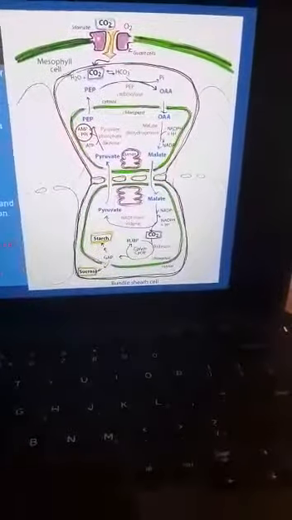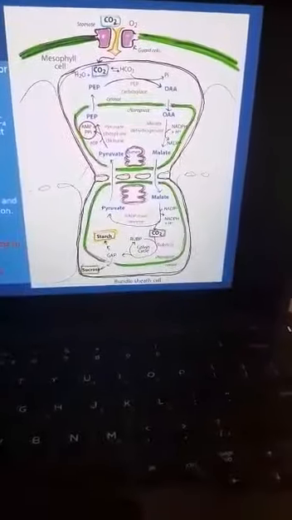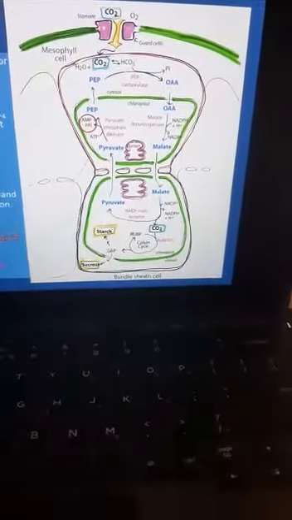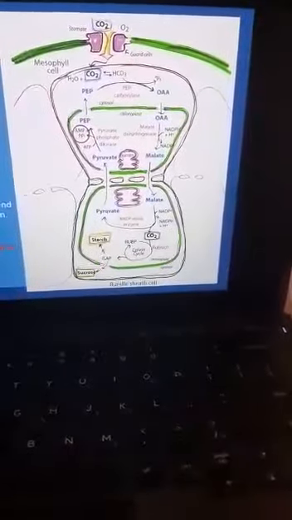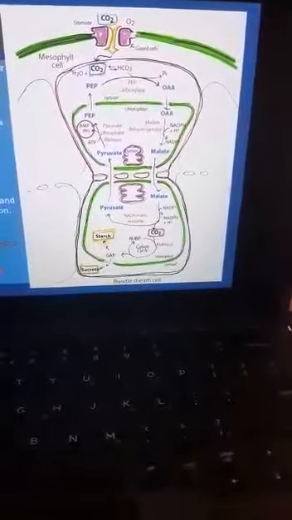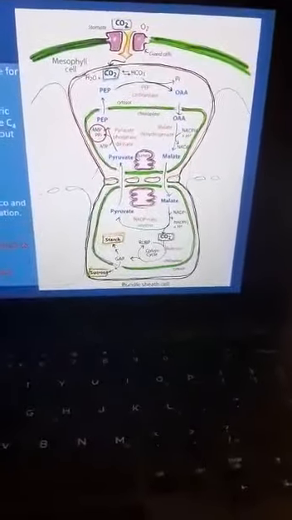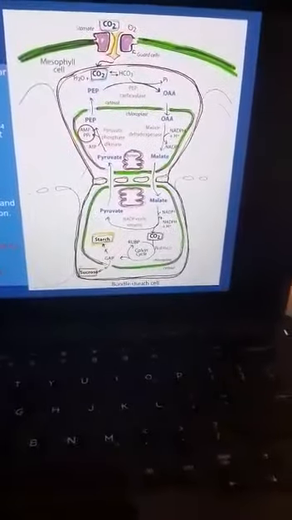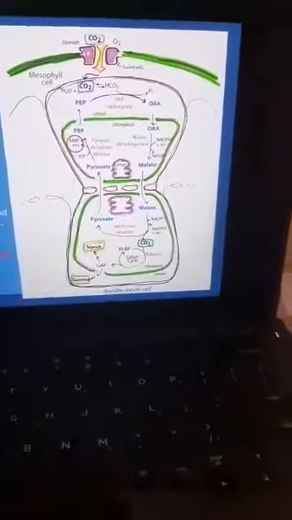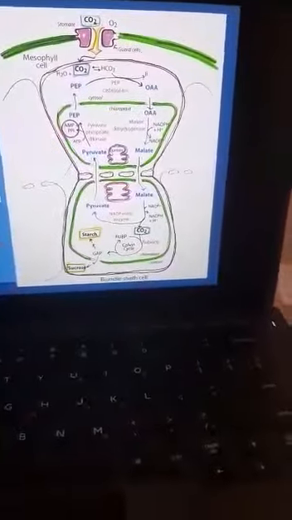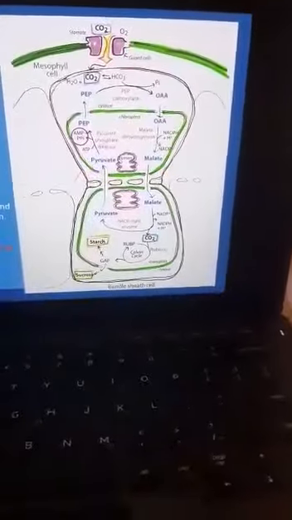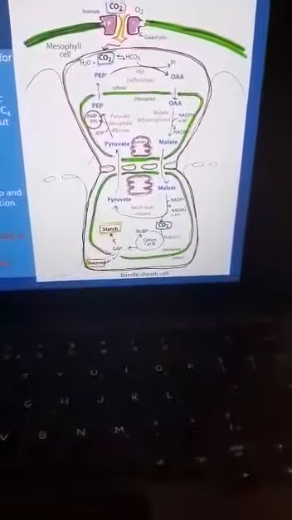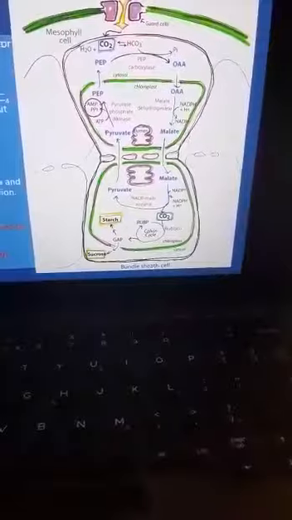So the higher the number of malic acid or malate molecules pumped into the vascular bundle sheath cells, when each and every one of them is broken down, they are going to release CO2. Each time malate is broken down, CO2 is released. So you can imagine, with lots and lots of malate molecules pumped into the vascular bundle sheath cells, and each one being broken down, you're going to have so many CO2 molecules released from these malate molecules.